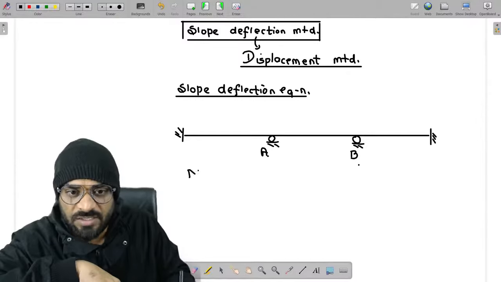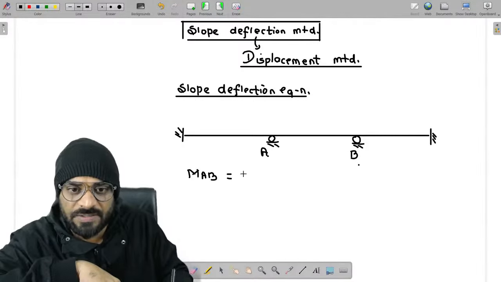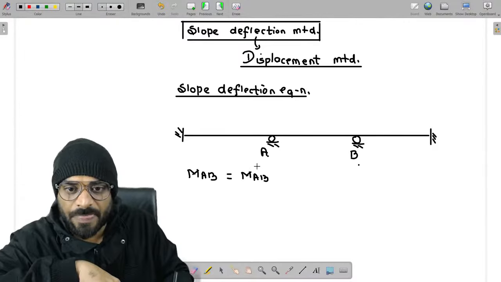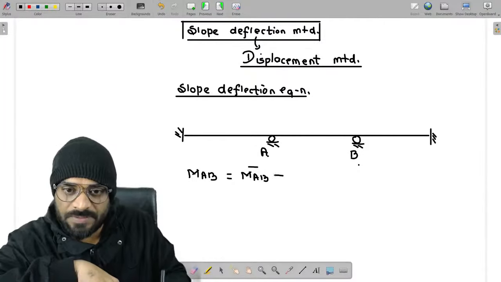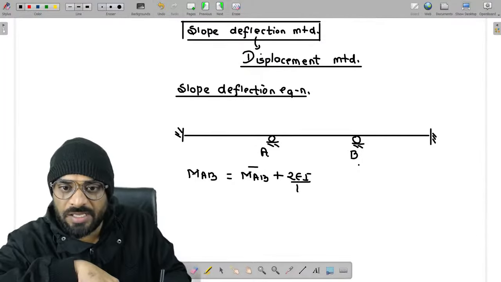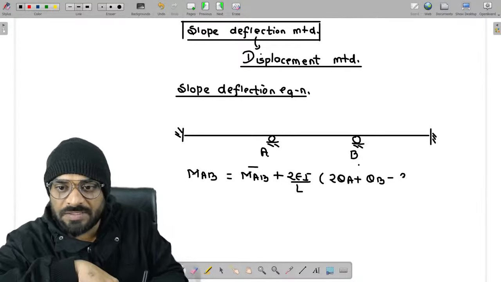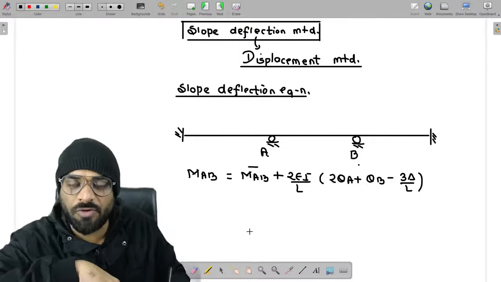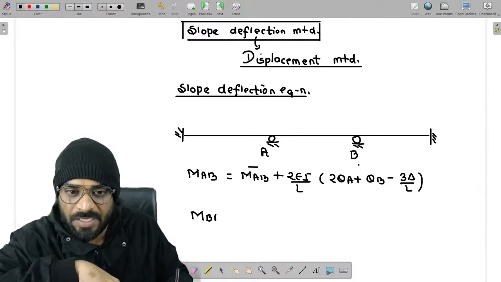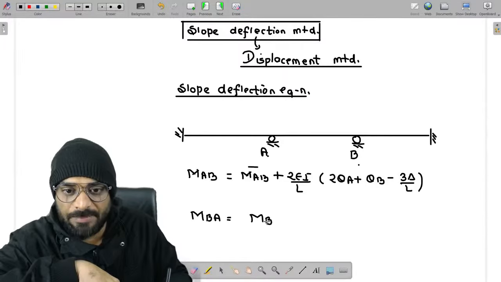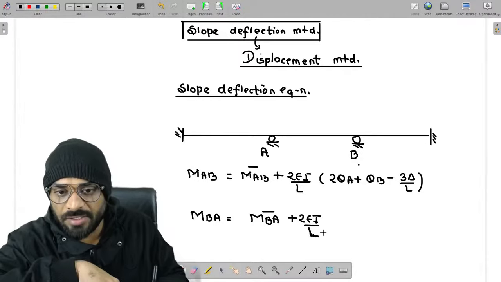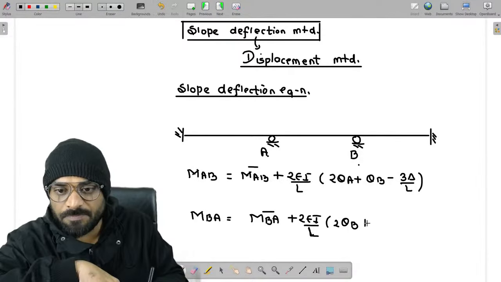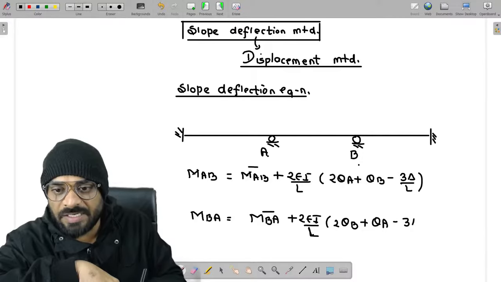So MAB can be written as MAB bar, which is the fixed end moment due to the external loading, plus 2EI by L into (2 theta A plus theta B minus 3 delta by L). This is the formula. Second, MBA is equal to MBA bar plus 2EI by L into (2 theta B plus theta A minus 3 delta by L).